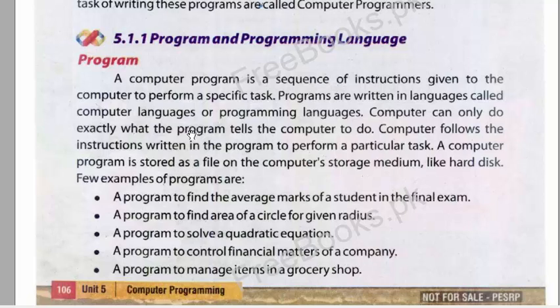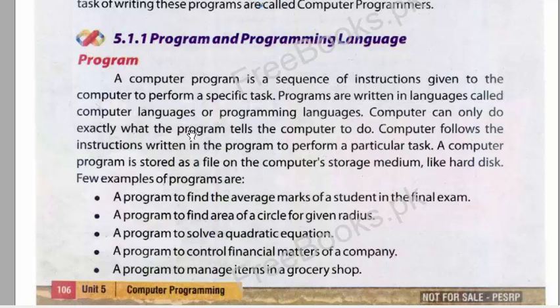Programs are written in languages called computer languages or programming languages. It is the same as when we learn English to communicate with other countries; we learn a programming language to communicate with the computer to perform multiple tasks.